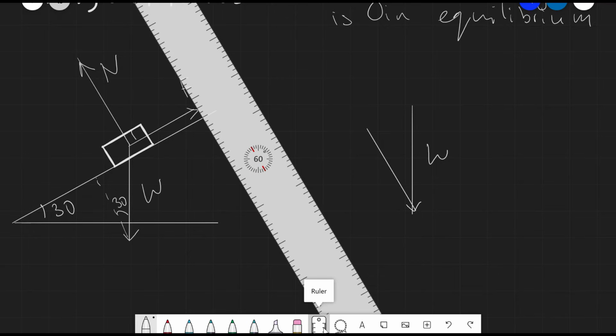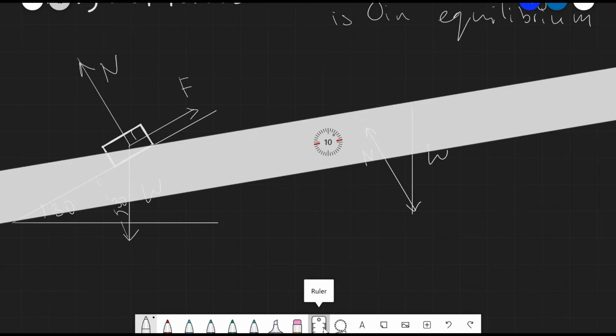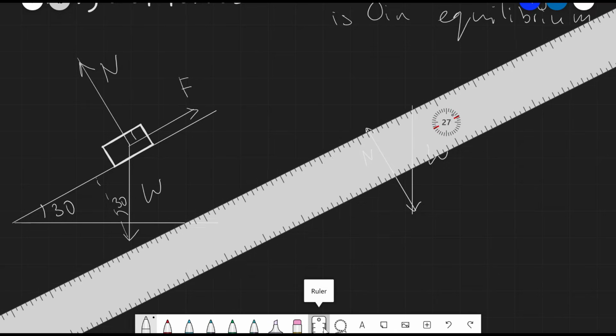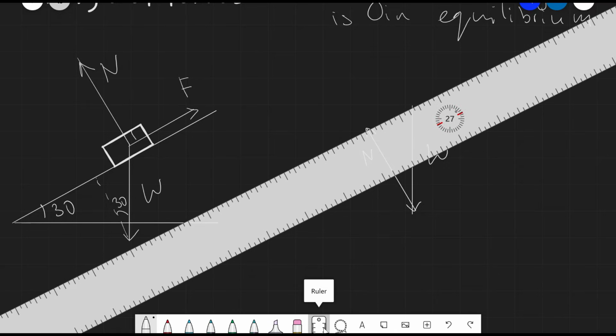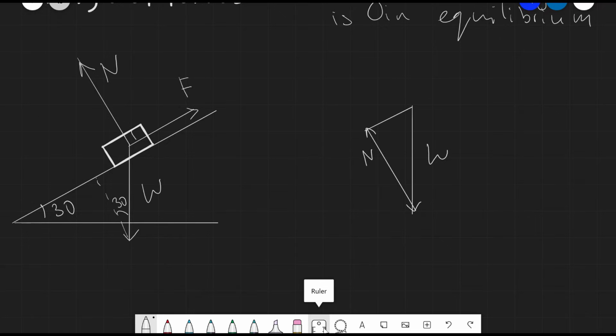So this here will be our normal force, and our normal force will actually be pointing upwards. Let's call that N. The final force that we need to draw is obviously the force which is acting upwards, which will be the force F, and let's draw this with this angle here being 30 degrees.